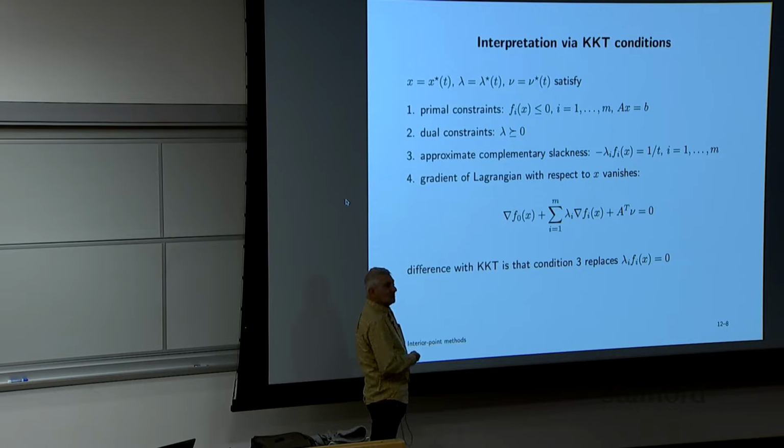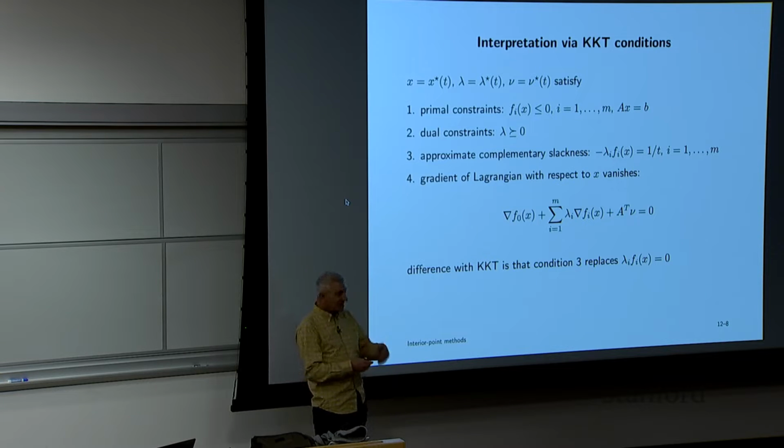So what's happened is you've simply replaced 0 with 1 over t. t is positive, and as a matter of fact, t is going to get bigger and bigger. So you're actually computing points that satisfy all the KKT conditions except one, and it almost satisfies that one, especially when t is large.